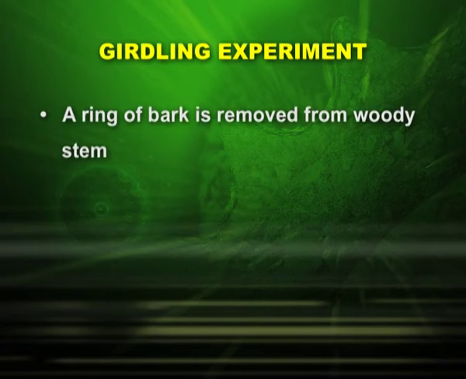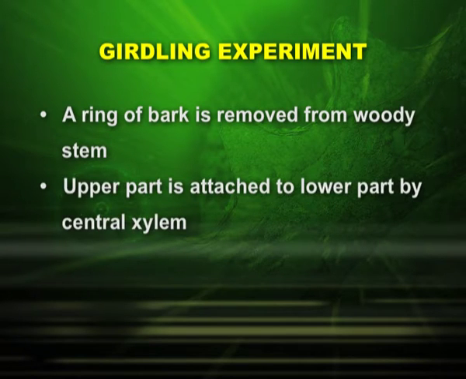Now, you may wonder how the phloem transports food, what is the experimental evidence? Yes, we have an experimental evidence which is called the girdling experiment. A ring of bark is removed from the woody stem. The upper part is attached to the lower part by central xylem.